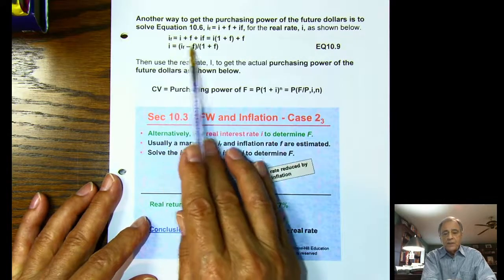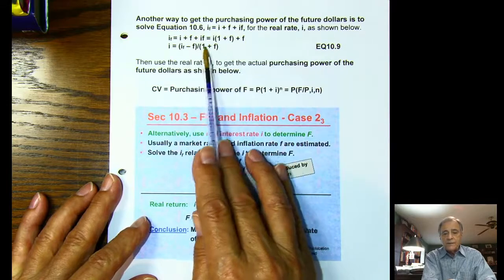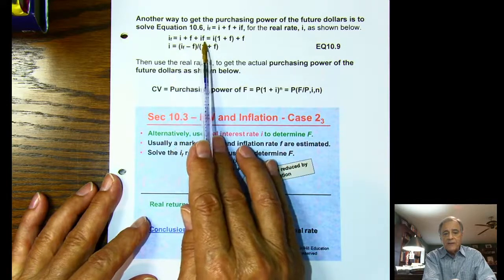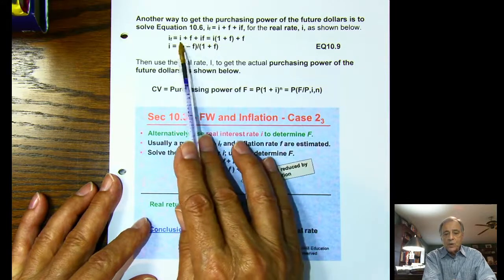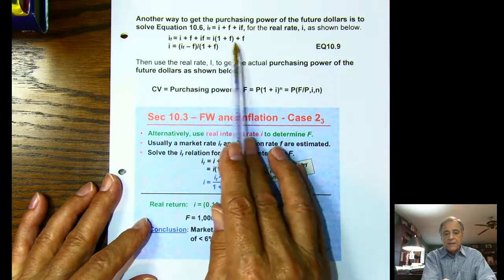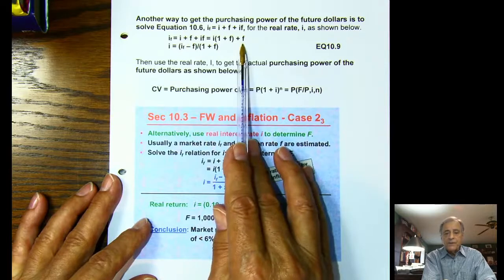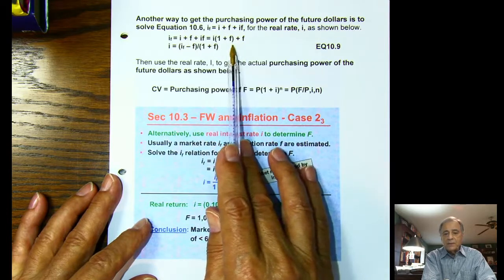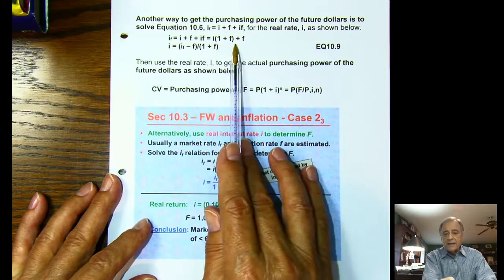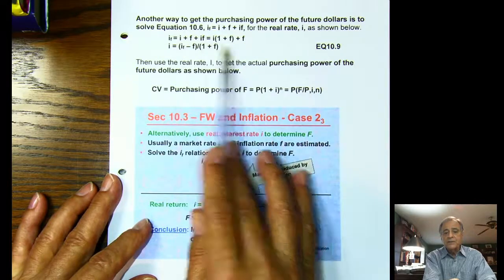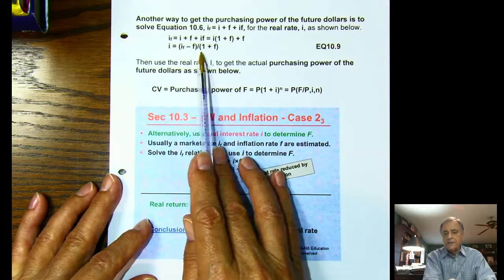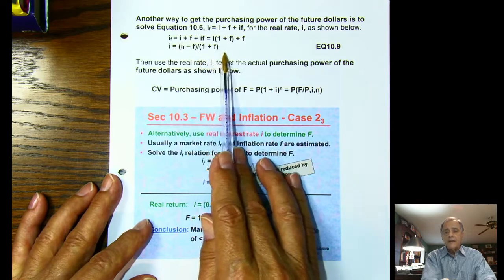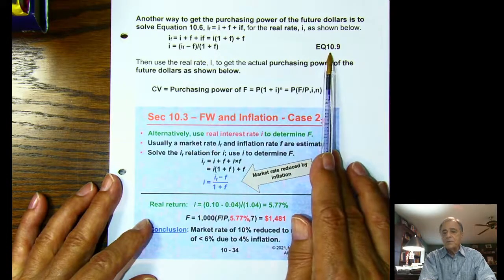We factor out the i from the first and third terms, we get i times (1 plus f), and we keep the f over here. Then we divide by (1 plus f) to get i, and subtract f from both sides. We get i equals (i sub f minus f) divided by (1 plus f). And that's equation 10.9.